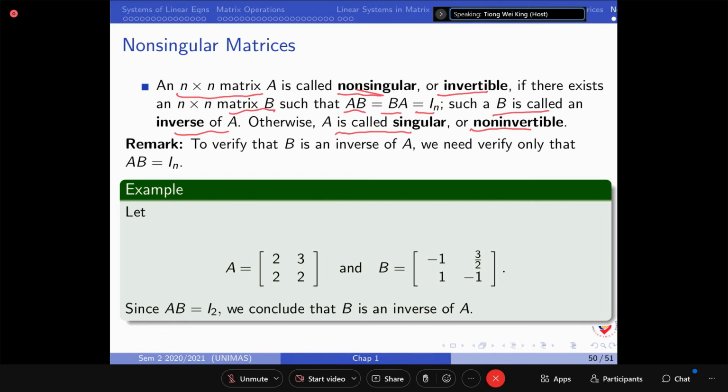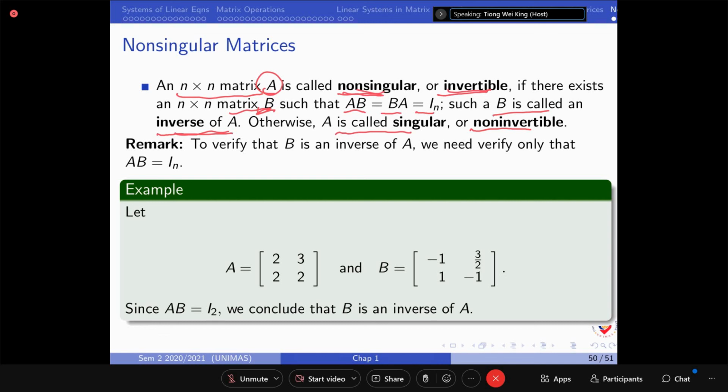What is the meaning here is that if you can find an inverse matrix B, then matrix A is called non-singular or invertible.